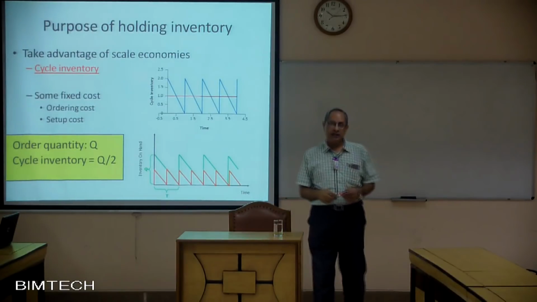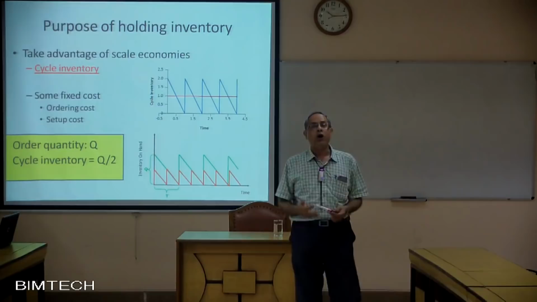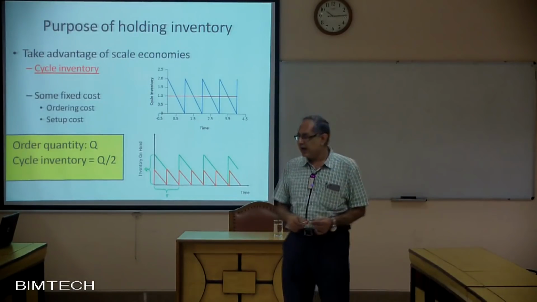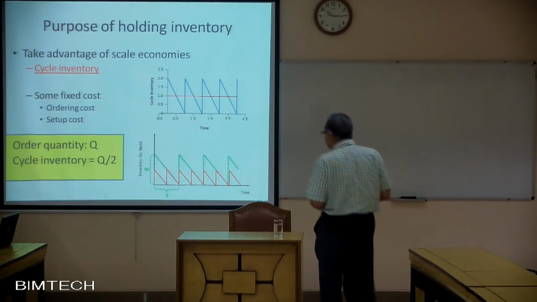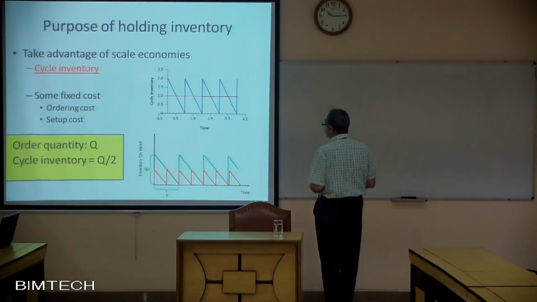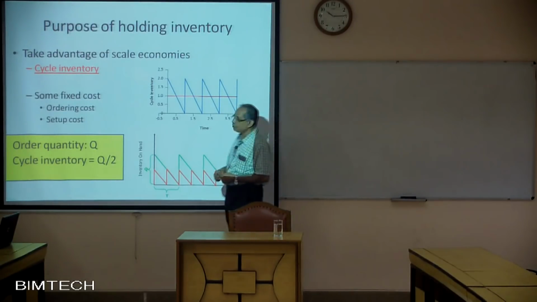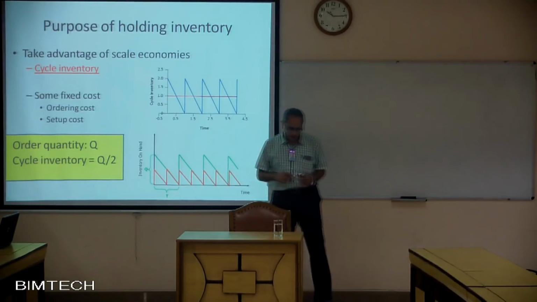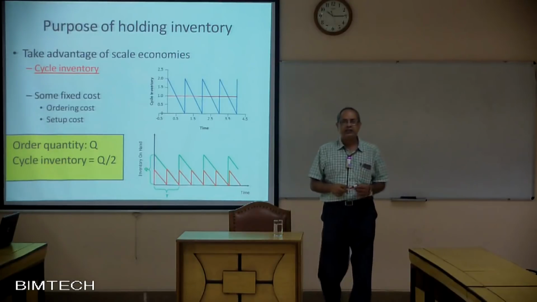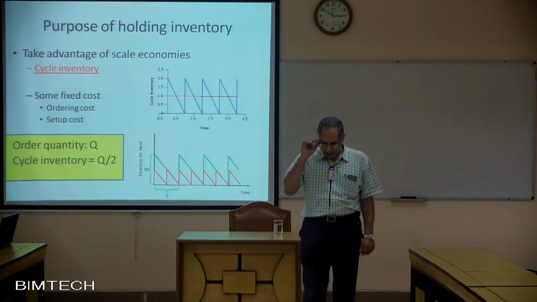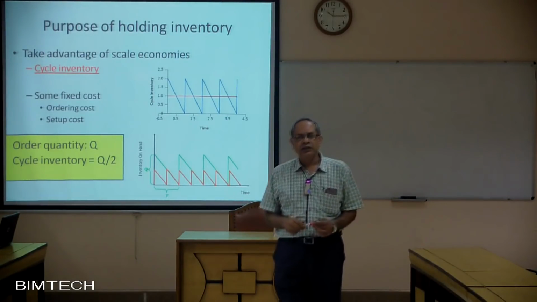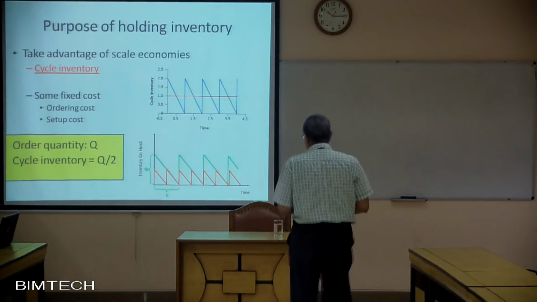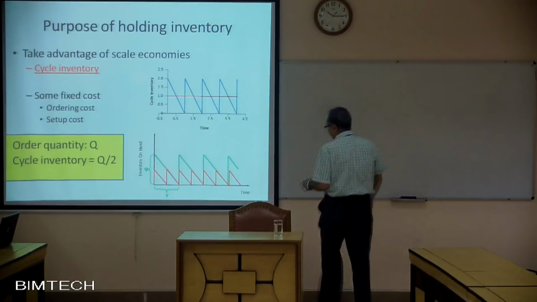And the cycle inventory, what we call the cycle inventory, is actually this average inventory. And in this case, in a very simplistic situation, we say that it is Q by 2. And one more thing I just wanted to clarify at this stage itself is that please understand that my Q can be anything.